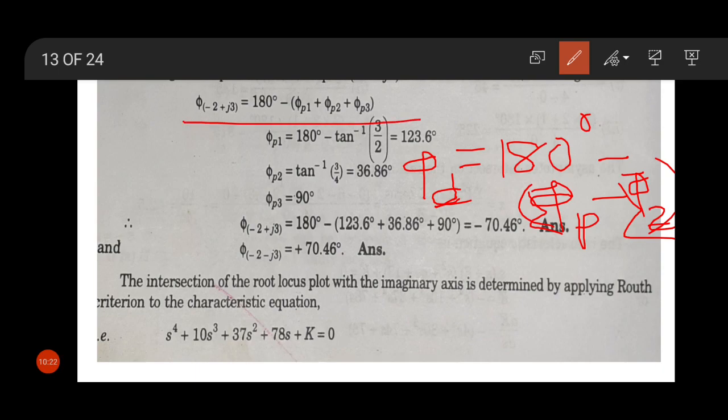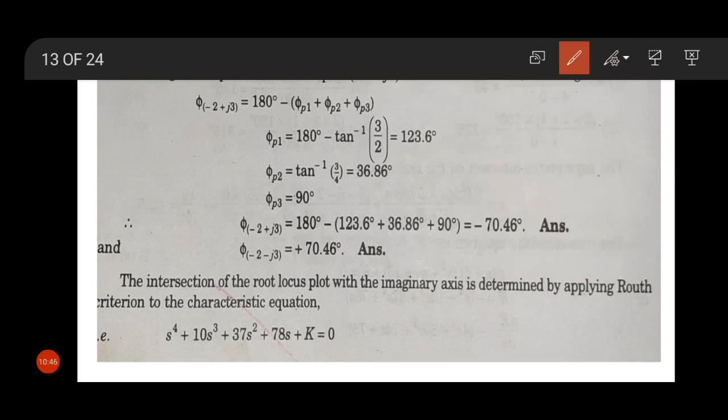Phi at -2 + j3 equals 180 degree minus (phi p1 + phi p2 + phi p3). Here there is no phi z because in our case there is no zero. Now we find phi p1, phi p2 and phi p3.